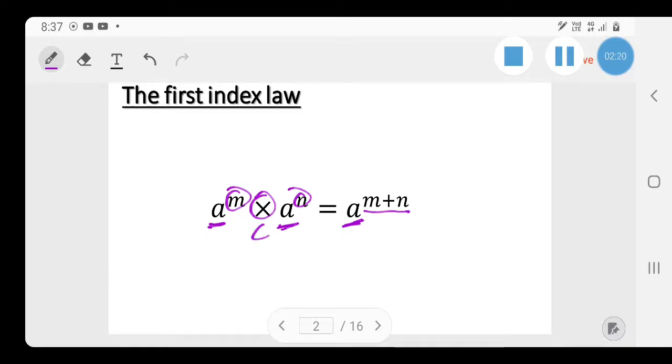So when we multiply bases, we add the powers, okay? Now, students find that confusing. They see a multiplication sign here, and so they typically multiply the powers, and things like that. So that's the sort of thing you need to avoid. But I'm going to go through why this actually works in the process of doing a bunch of different examples, and hopefully after that it'll make a whole lot of sense to you, okay?